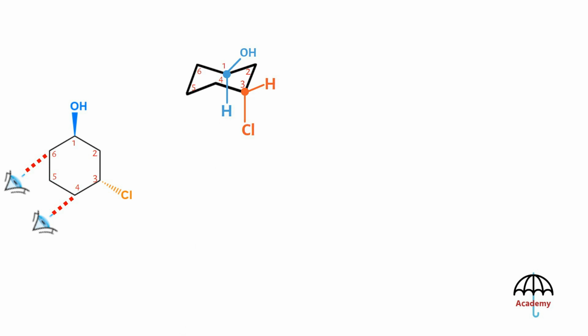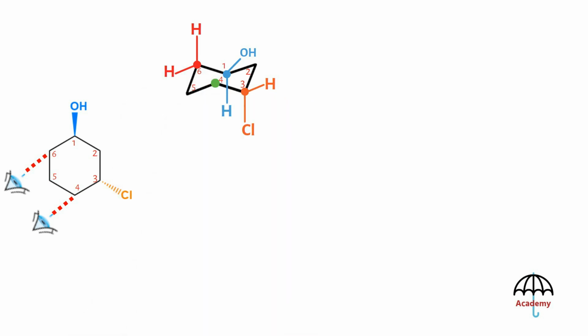Notice that, in the planar form hydroxyl at C1 and chlorine at C3 are trans. In the chair form, trans relationship at 1-3 positions means equatorial axial or axial equatorial. Therefore, C1 hydroxyl at equatorial and C3 chlorine at axial means their trans relationship is maintained in the chair form also.